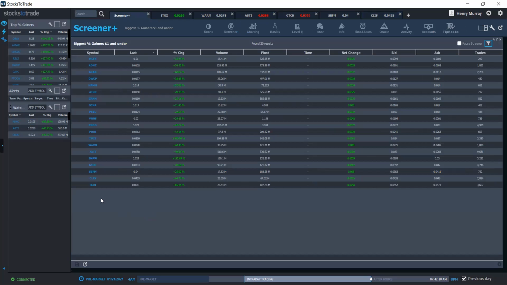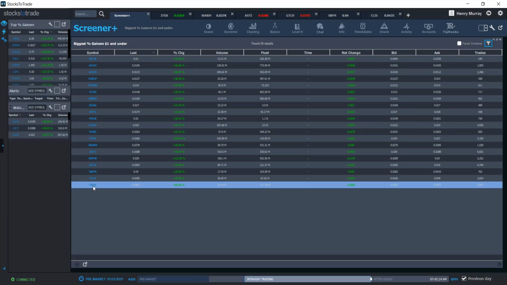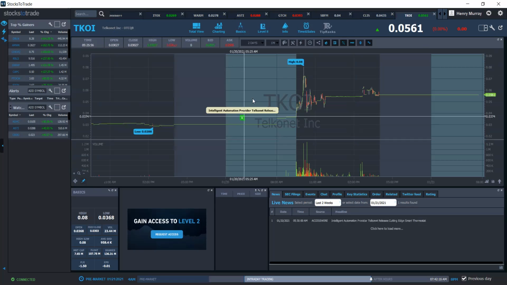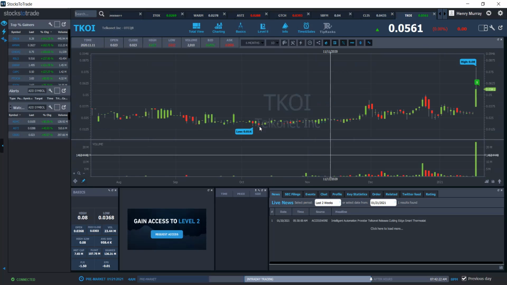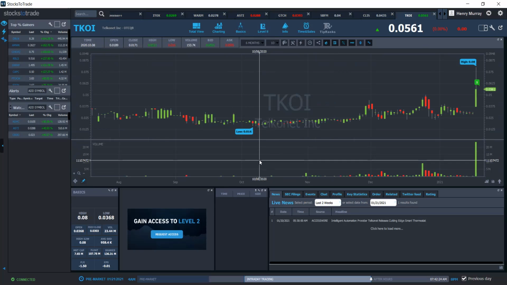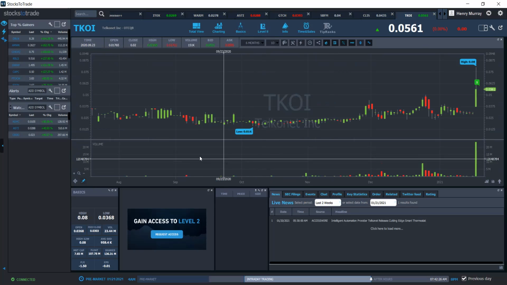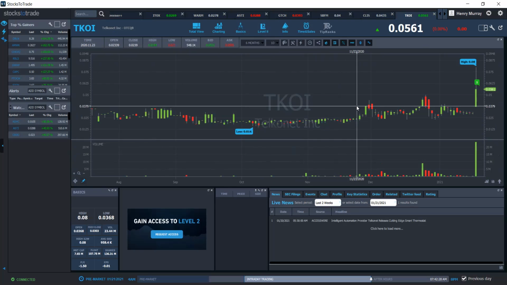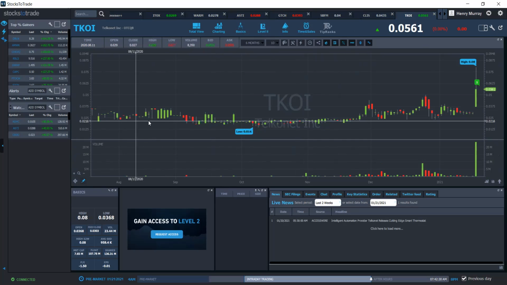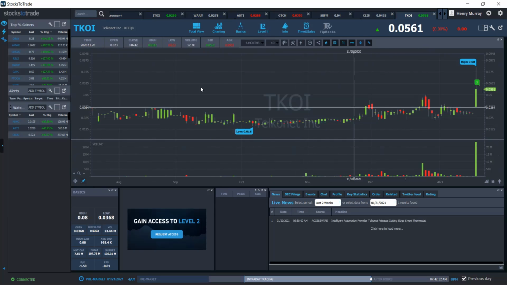And the final stock on the list is TKOI. And let's see if it matches any of our criteria. All right, this one a bit choppy, but it's a supernova chart pattern.